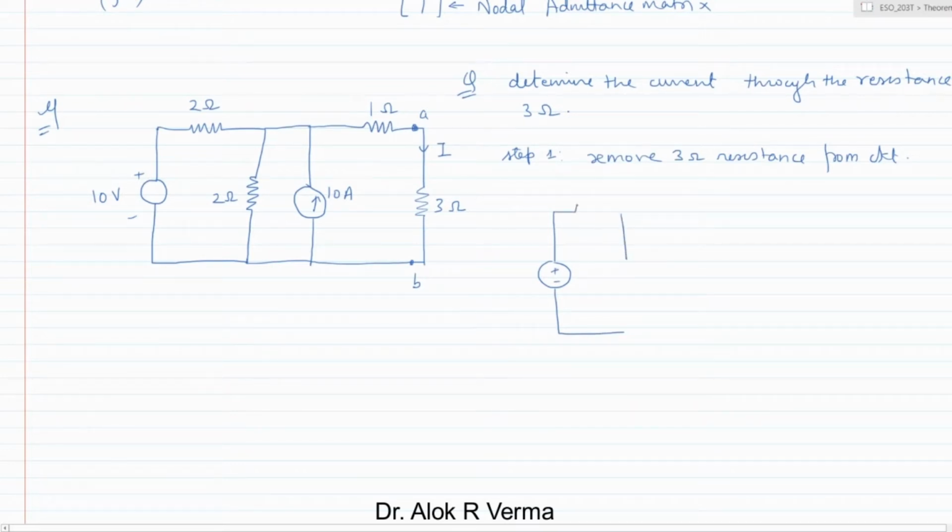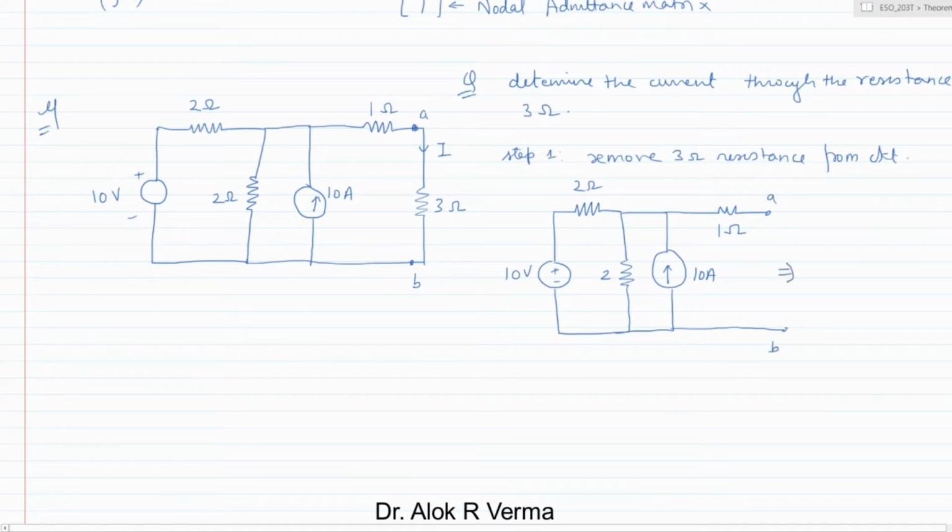We have a resistance here, a current source, a 1 ohm resistance here, 2 ohm here, 2 ohm here, 10 ampere here and 10 volt here. This is the remaining circuit between terminals A and B.